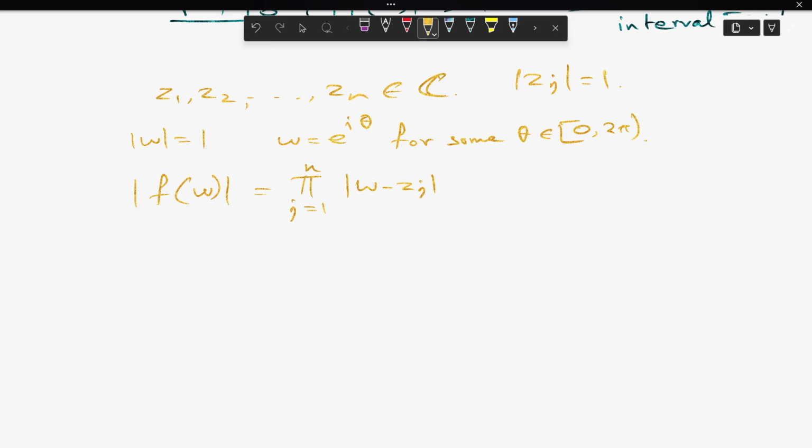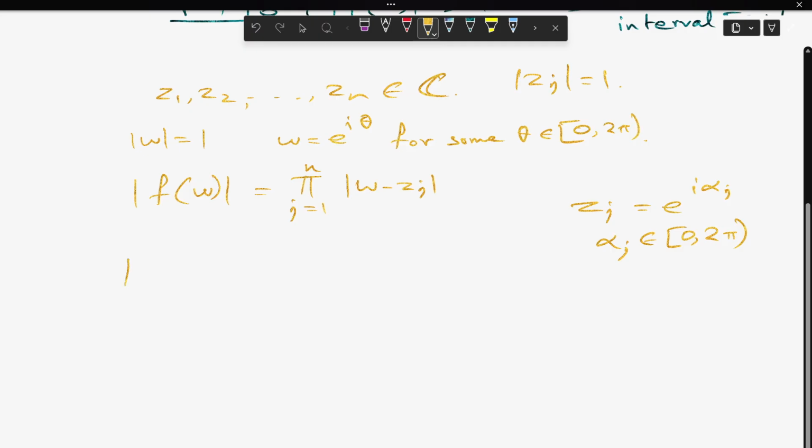Now since modulus of zj equals 1, we can write zj equals e to the power i alpha j, where alpha j lies between closed 0 to open 2 pi.